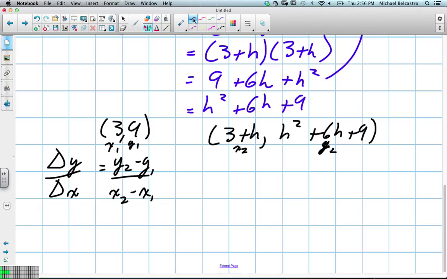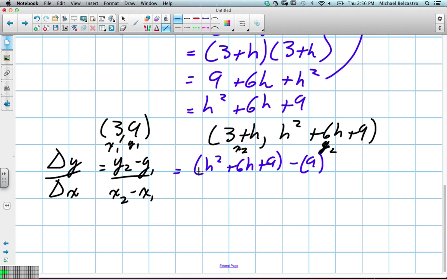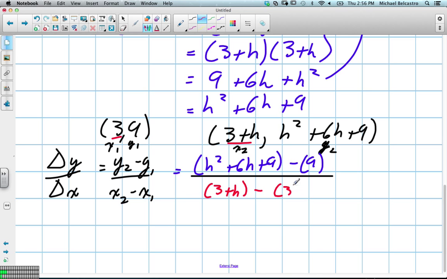Okay. So we go to plug those values in. Our y2 becomes h squared plus 6h plus 9, subtracted by y1, which is just the value of 9, divided by x2, which is our 3 plus h, subtracted by x1, which is just the value of 3.